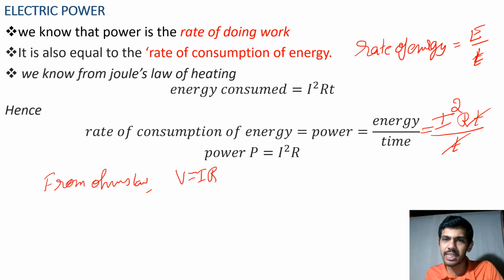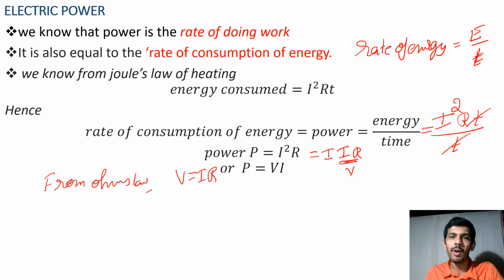I square R can be written as I into I R. So I into I R, the I R is nothing but V. So I can write V into I. Power P is equal to V into I.